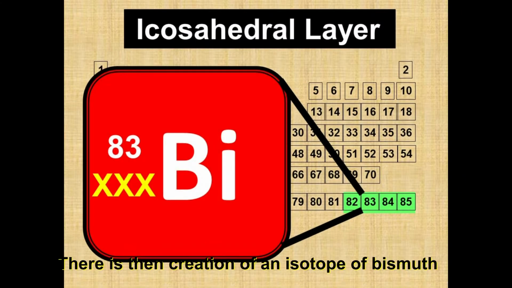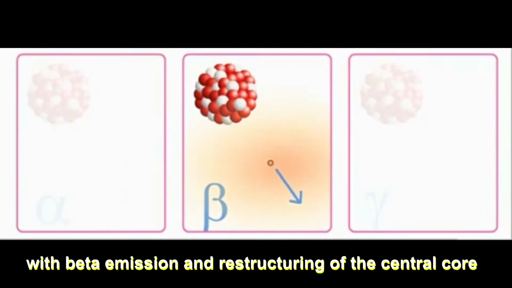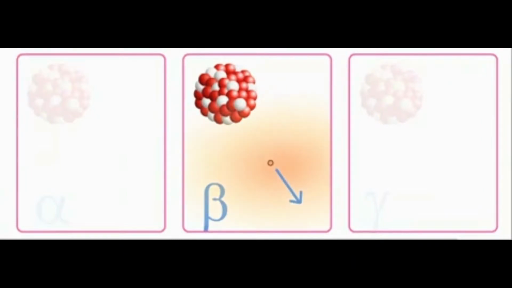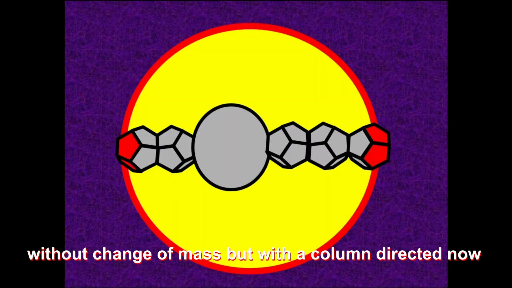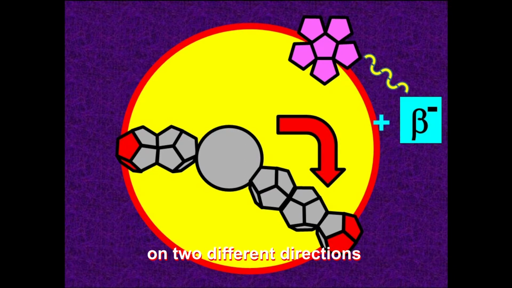There is then creation of an isotope of bismuth with beta emission, and restructuring of the central core without change of mass, but with the column directed now on 2 different directions.